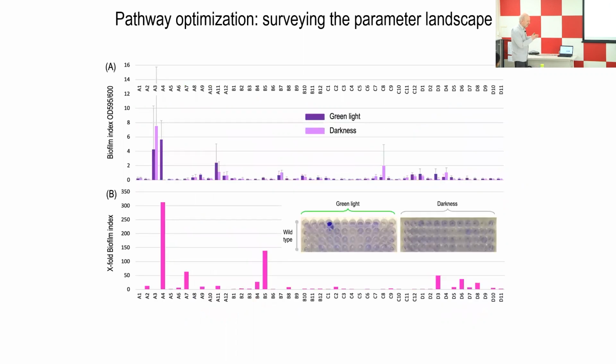So we generated large libraries of insertions, and remember that the phenotype that we are after consists of formation of biofilm in the presence of light when cells are illuminated, and no biofilm when they are kept in the darkness. So this is what we obtained in one of the experiments.